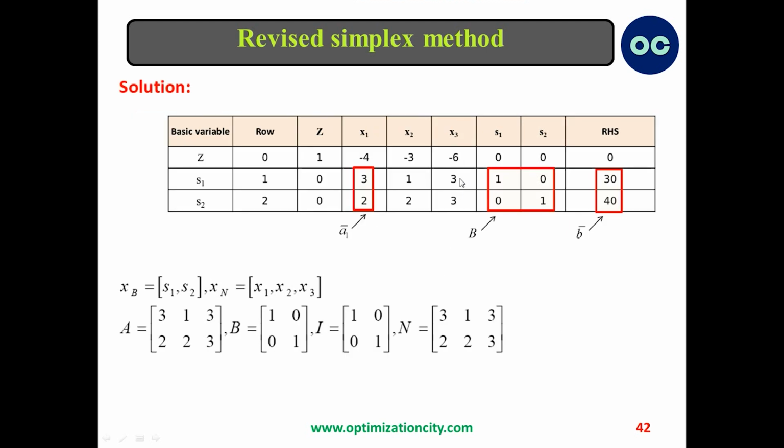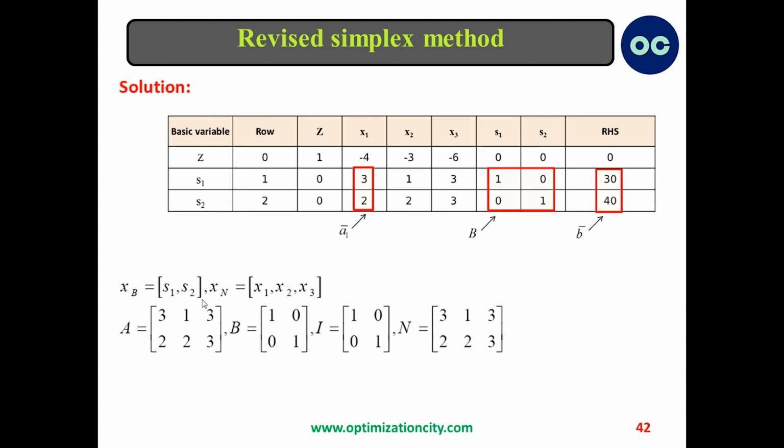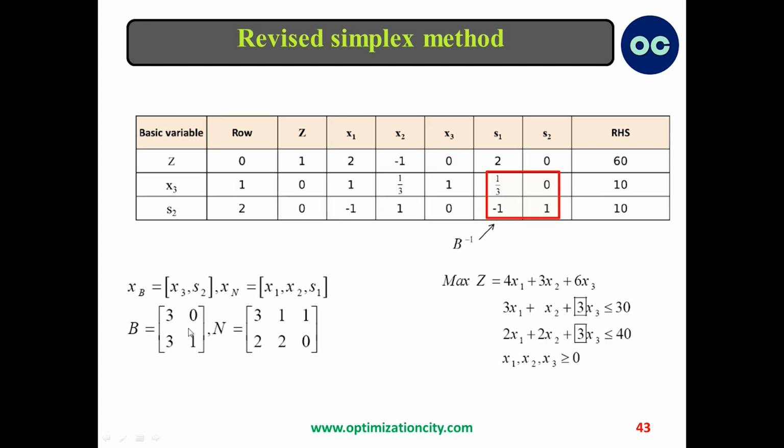This is x3, 3 and 3, the coefficient of x3 in the first and second constraints. And s2 is the coefficient of s2 in the first table, so you can see the 0 and 1 here. And N is the column of coefficients of the non-basic variables. And this is B inverse, the inverse of the B matrix.